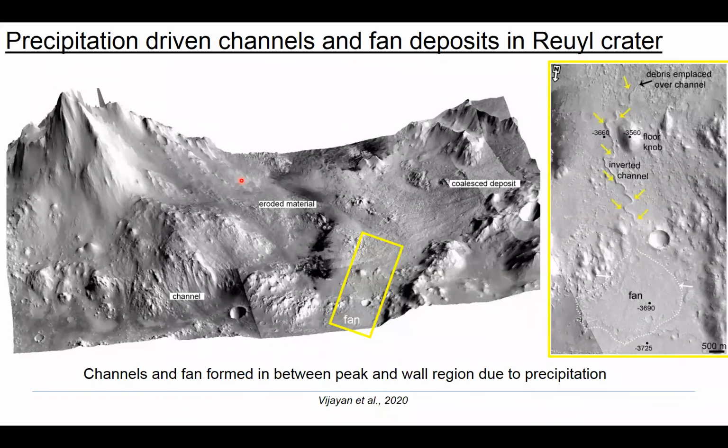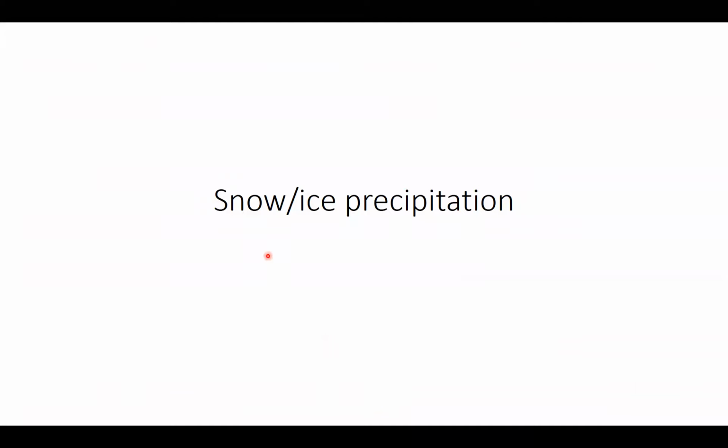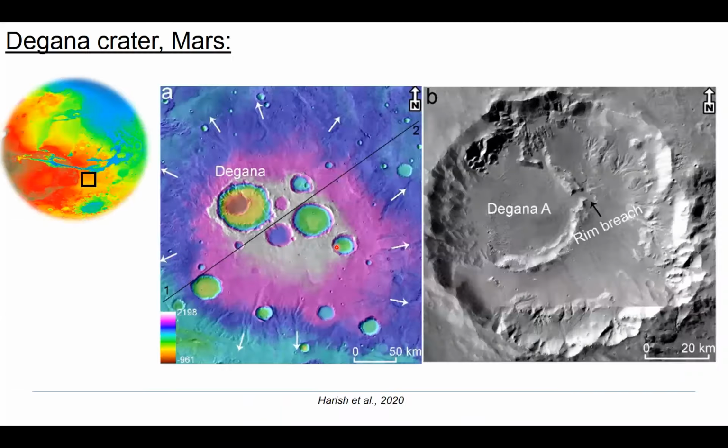If we move into snow and ice precipitation, that is the other part of how water-related activity can happen on Mars within craters. For that, one of the regions studied is just south of Valles Marineris, and the crater is called Tiganá.